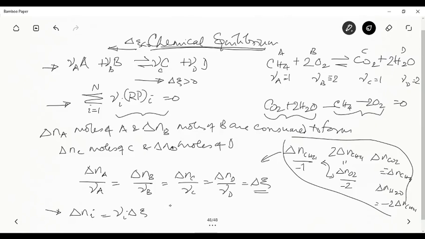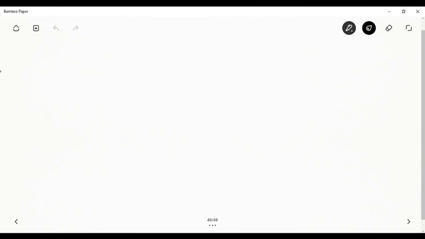Now with this, if I go to the expression for the condition for equilibrium, at constant pressure and temperature, I'll need to write it in terms of G. So dG is the variable, the Gibbs function for the reaction.